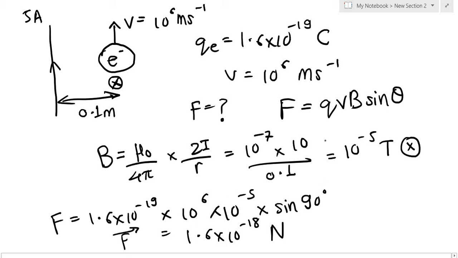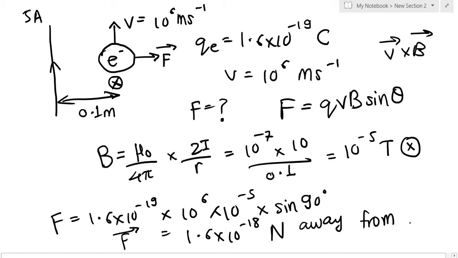I can also write for the direction. Let's use the cross product, V bar cross B bar. Velocity is upwards, magnetic field is inwards. The force should point towards the wire, but since it's a negative charge, we'll flip the direction of the force. This is where the force would point, or you can say away from the wire.